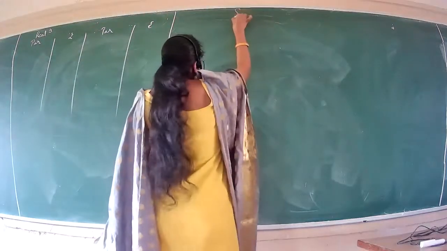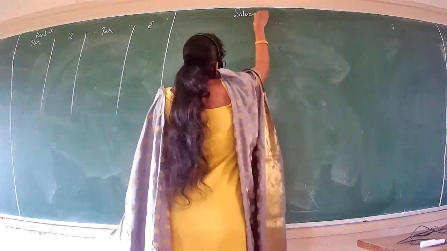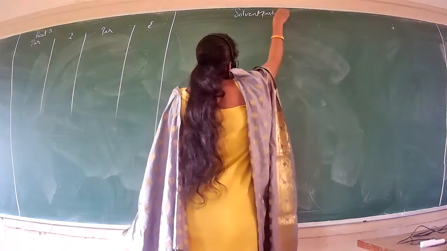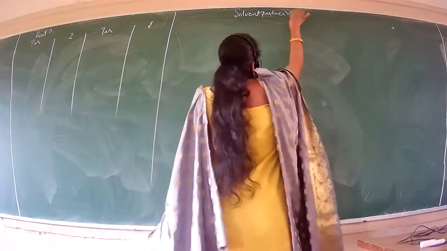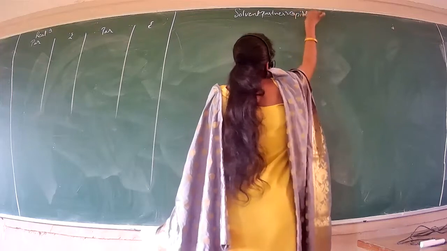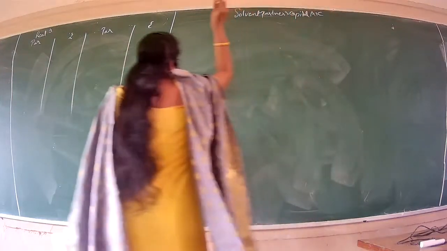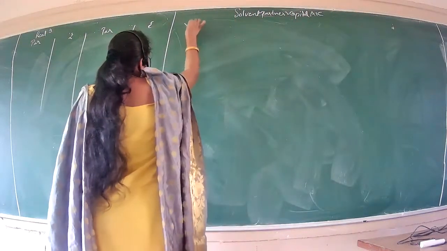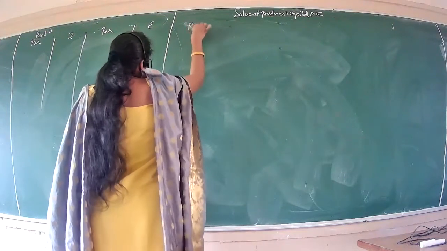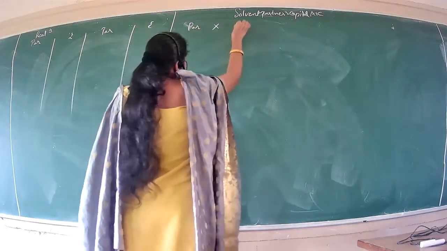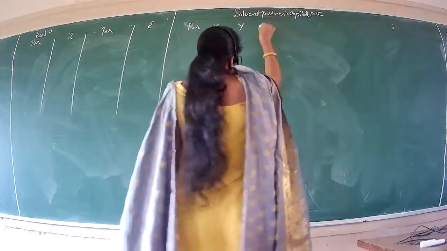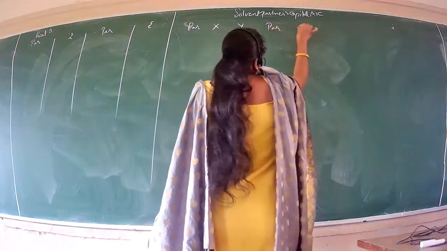Then we'll go for the solvent partners' capital account. Who all are solvent? Just now we have seen, Z became insolvent. That means we have solvent partners X and Y.